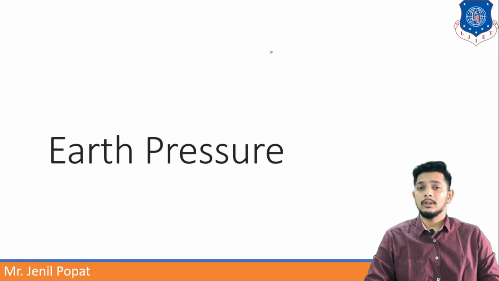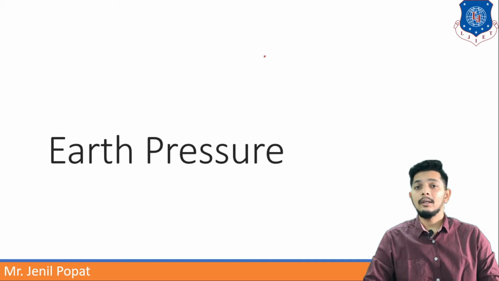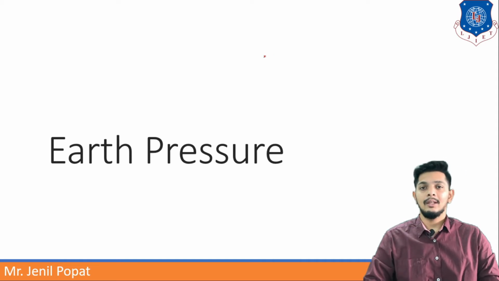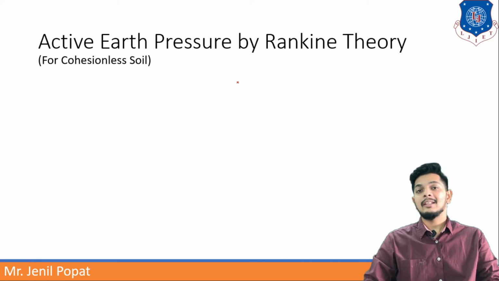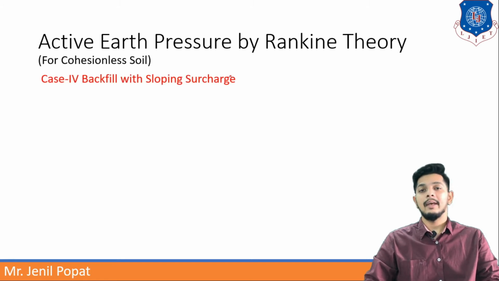Let us move further to the fourth case given by Rankine, and then moving forward to different basic theories for active and passive earth pressure. So let us discuss active earth pressure theory given by Rankine for cohesionless soils, and in that case with backfill with sloping surcharge.